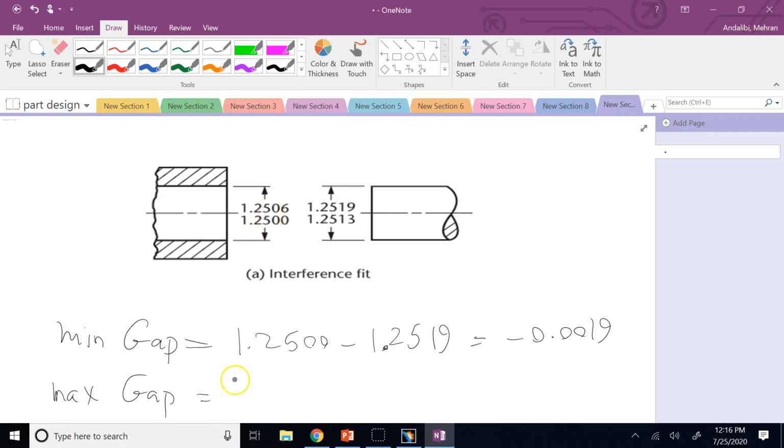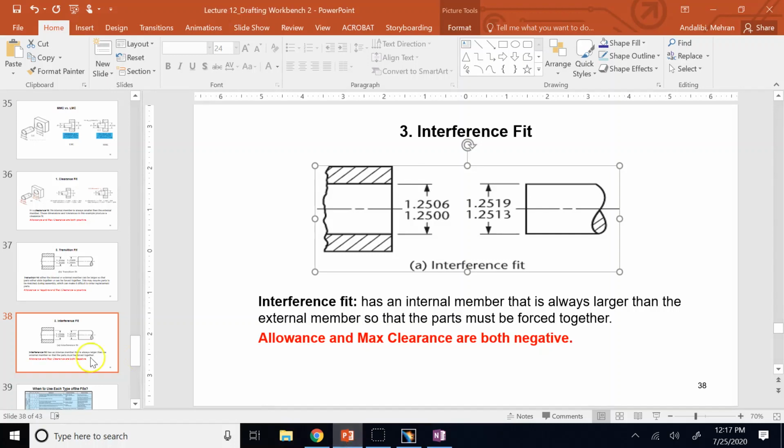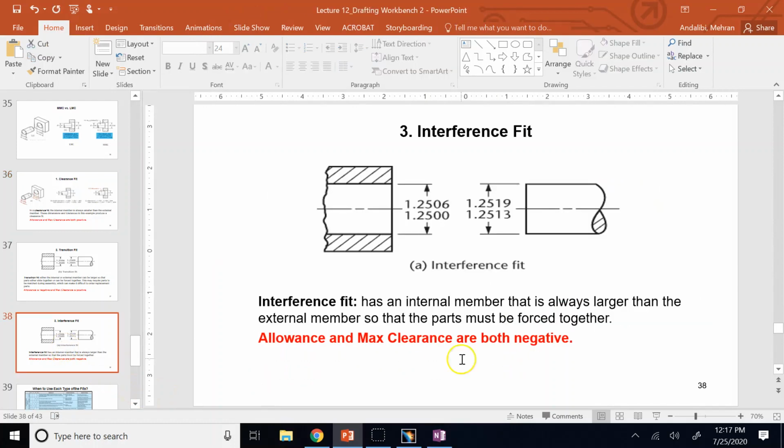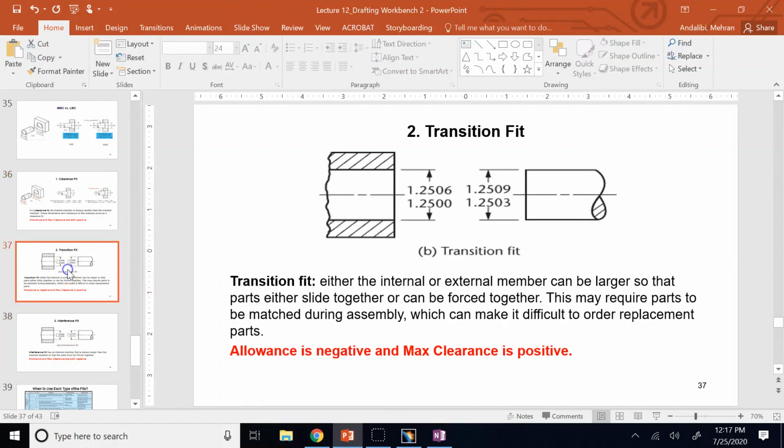It is the biggest size of the hole minus the smallest size of the shaft, and still you see this number is negative. So in an interference fit, both of the gaps are negative. They never exist. Negative means they don't exist. Positive means they do exist.